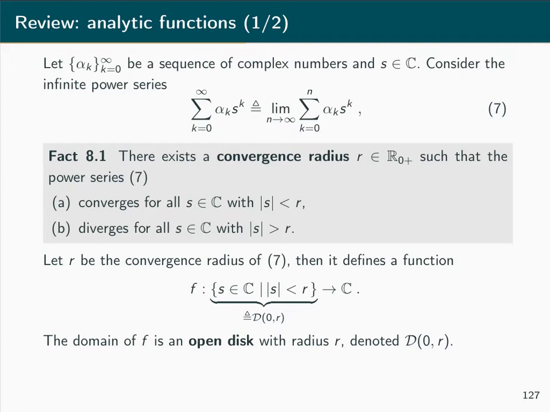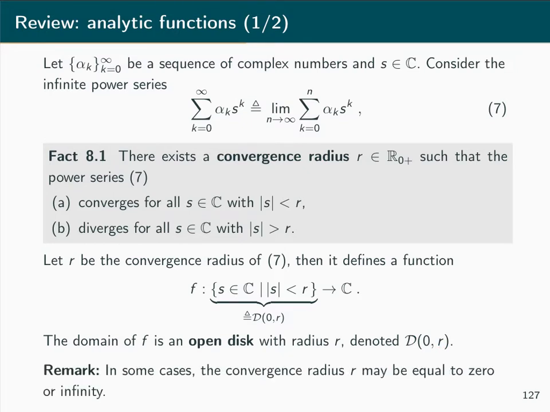Then the infinite power series defines a complex function whose domain is the interior of the disk with radius r, so basically the convergence region of the power series, and whose codomain is C. In the following, the region of convergence, which is an open disk centered at the origin and which has the convergence radius r, is denoted with D, and here we have the center, which is the origin, and the radius r.